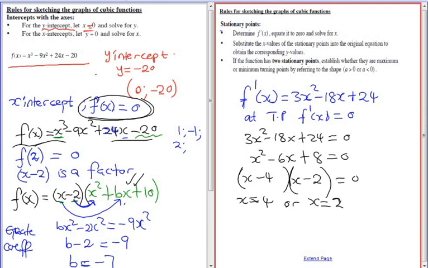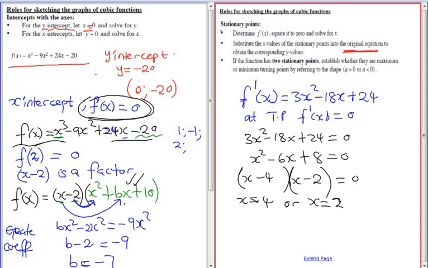Well, those values that we just calculated over there are the x values of the turning points. You will need to also have the y value of the turning point. And from what you have, you just have to substitute the x value into the original equation.